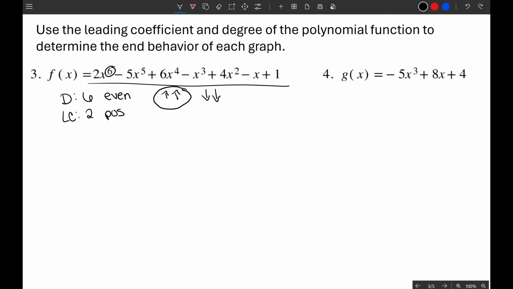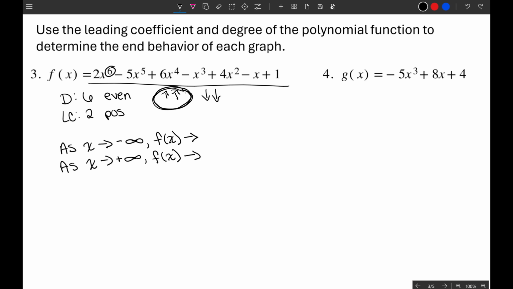So this is how we're going to state this. As x approaches negative infinity, your y value, which I'm just going to call f of x, approaches something. And as x approaches positive infinity, your y value is approaching something. This is where the little up and down arrows that we've circled come in.